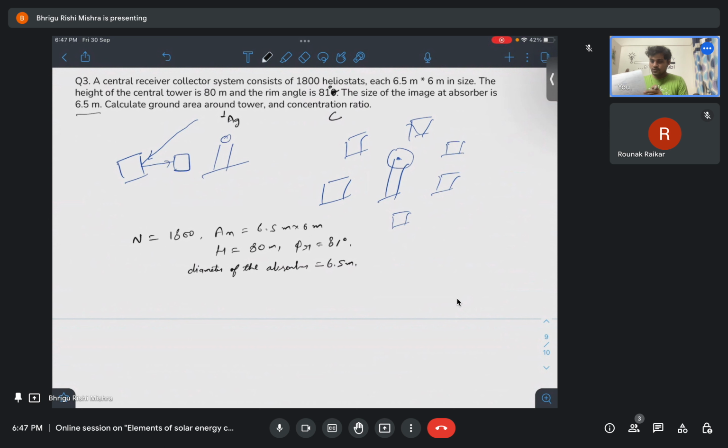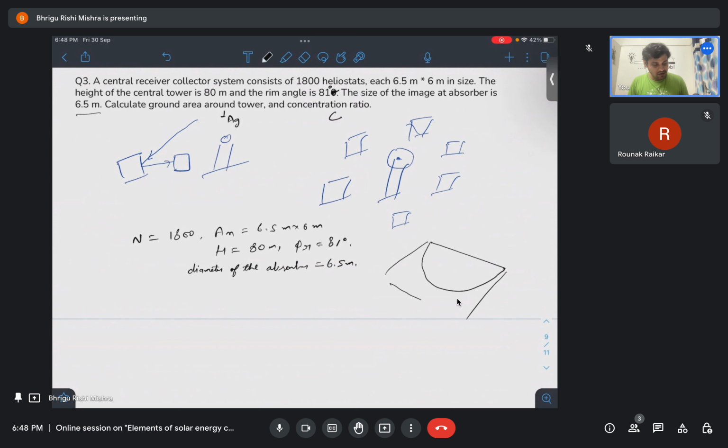I can show you the design of the receiver. Okay, so it looks like this. For the central receiver collector, these are 3D concentrators. They have point sources, that means the sources are spherical in shape.